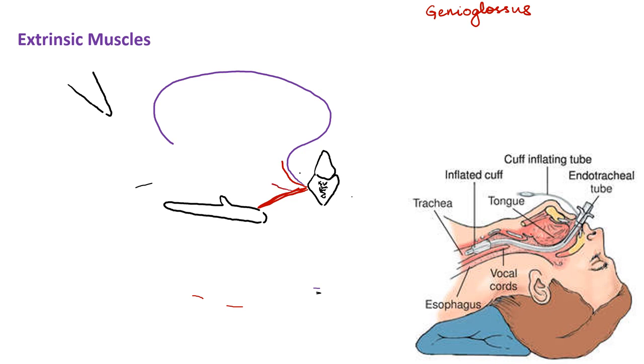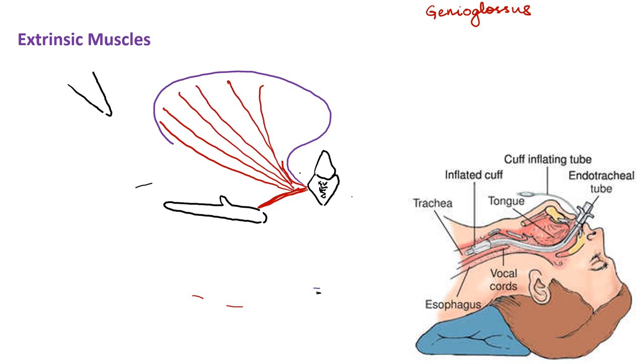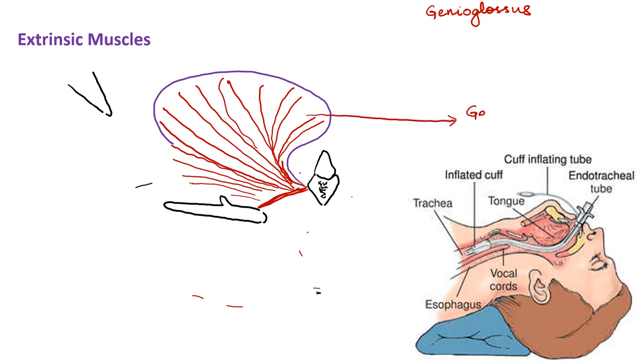Its middle fibers go all the way back up till the posterior part of the tongue. And its upper fibers go up to the tip of the tongue. So it is a fan-shaped muscle which is forming the bulk of the tongue, the genioglossus muscle.